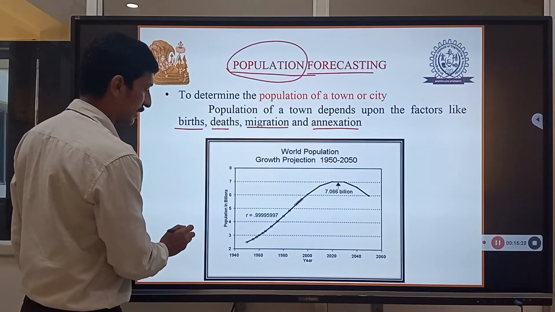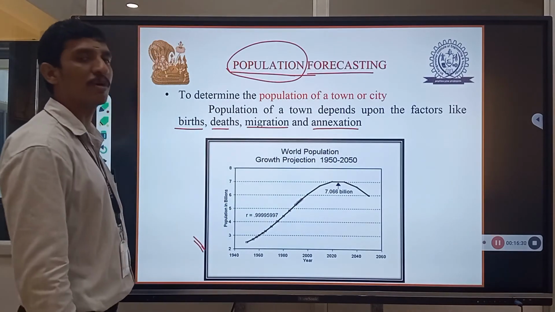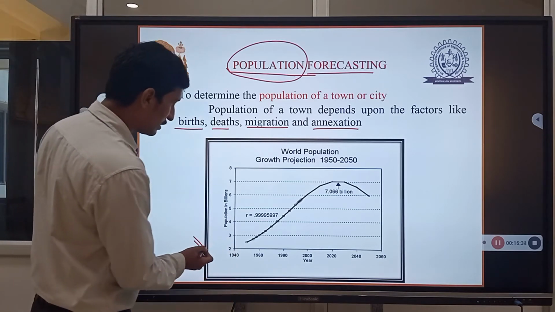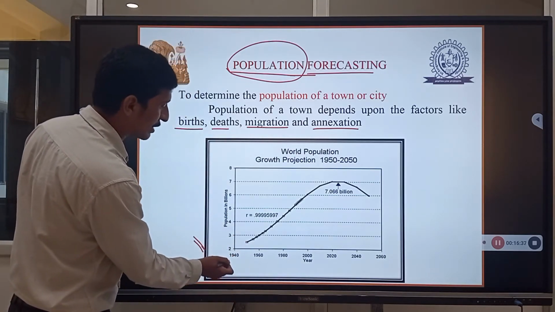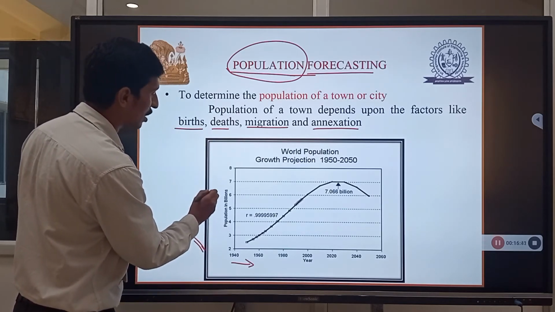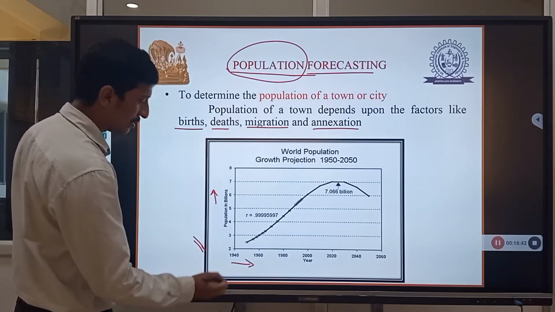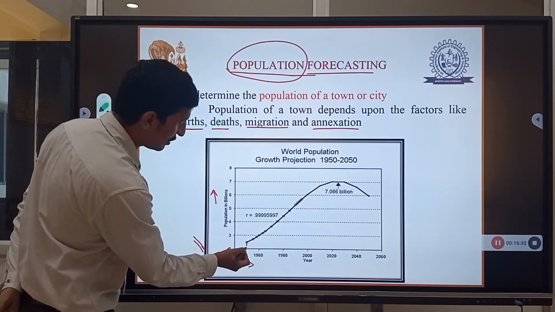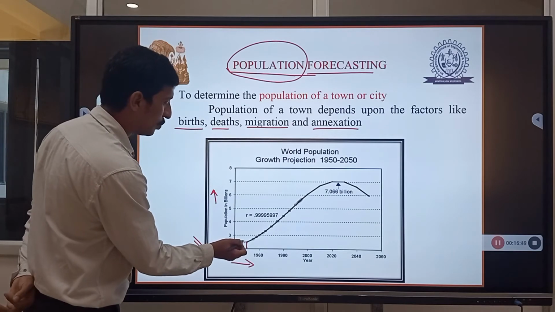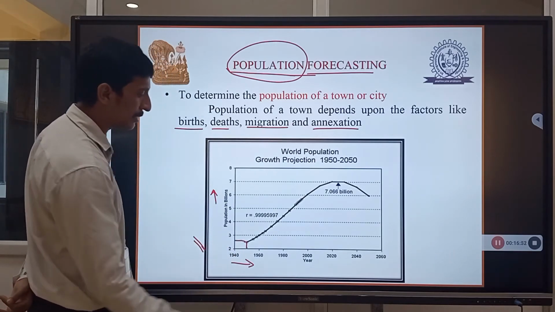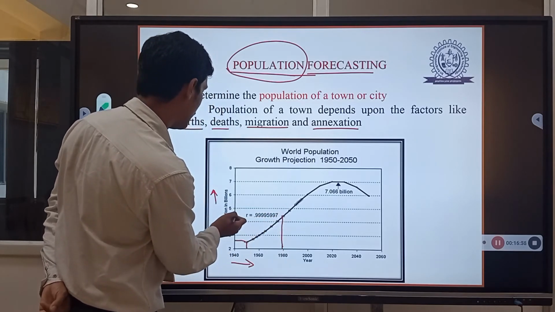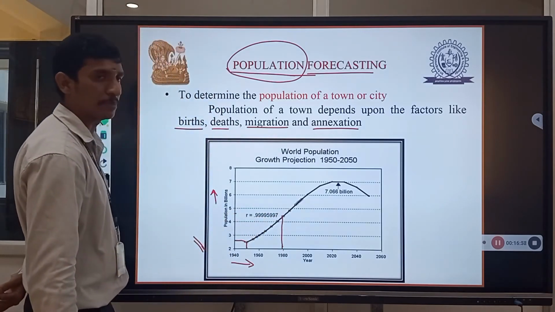Here I show a sample graph for the increase of population. The x-axis shows the number of years and the y-axis shows the population in billions. Nearly in 1950, we have 2.5 billion people, but in 1980, we have nearly 4.5 billion people.